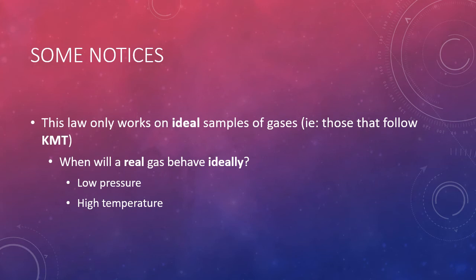The idea here being that at low pressure, there are usually not very frequent collisions, and therefore less of a chance that there can be unusual pressures involved, or less of a chance that the IMFs could take effect. High temperature is also useful because at high temperature, particles are moving quite quickly. This means that they move away from collisions very quickly and also gives very little time for intermolecular forces to take effect.